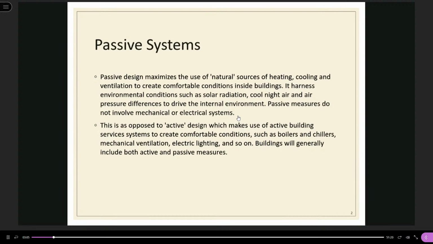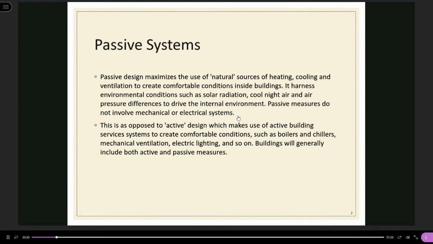Okay, passive measures do not involve mechanical or electrical systems. What you have learned in the previous lectures, like when I want to cool down the air, I install the air conditioning system. I install the chiller to provide the chilled water flowing through the building to cool down the air.